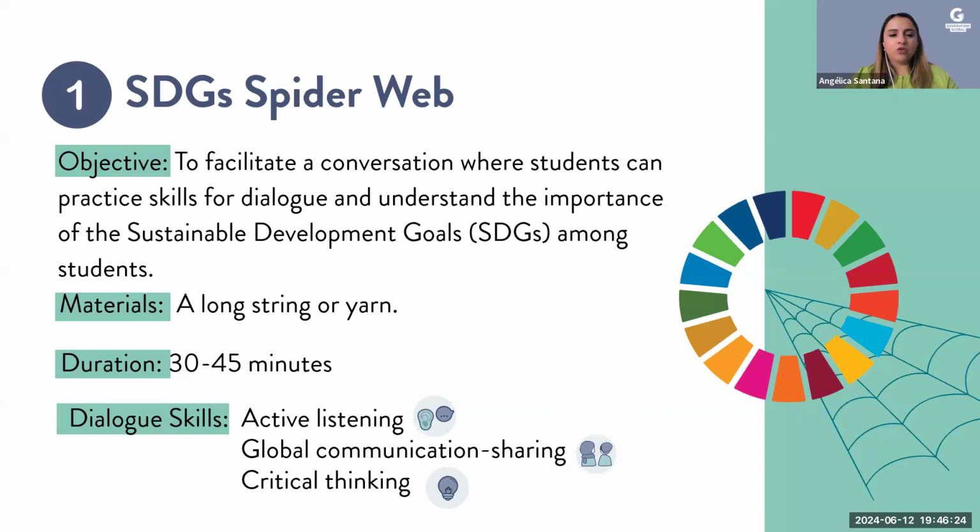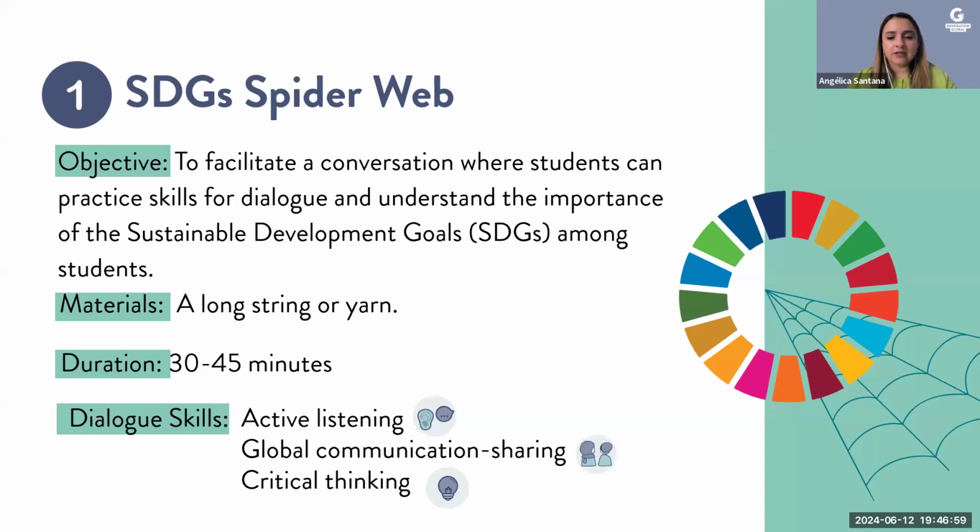So you want to facilitate a conversation where they can, first of all, practice dialogue and the skills of dialogue that I have discussed with you in the previous slides, but also to make them understand the importance of the SDGs. So in this sense, the only material you need is a long string or a yarn, and you will probably have, I don't know, 30 to 45 minutes, even 60 minutes for this activity.